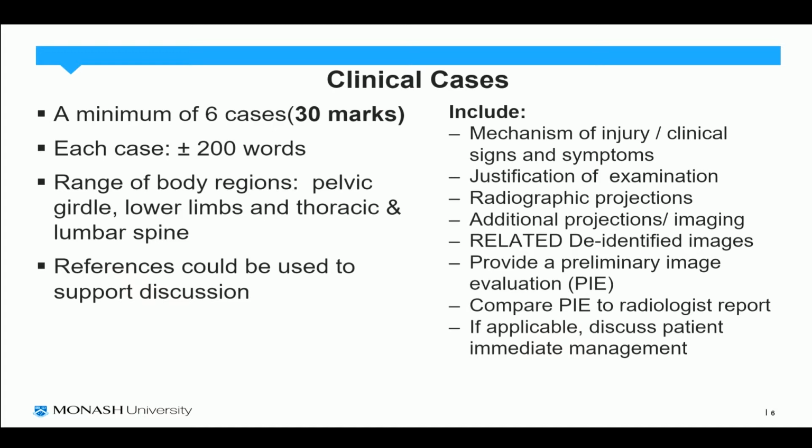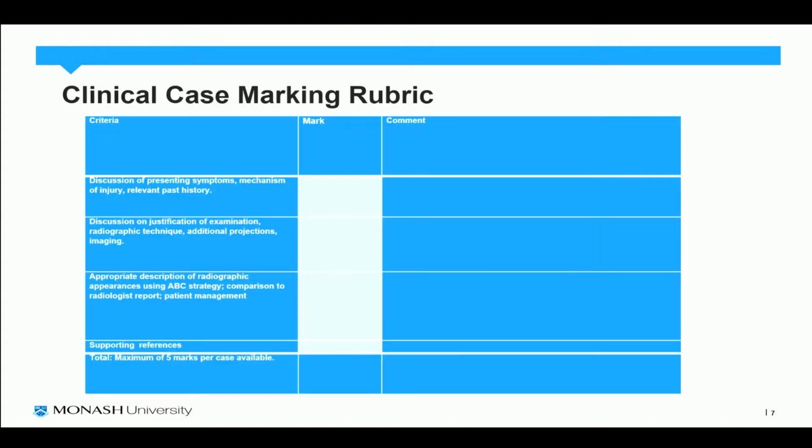And then, if applicable, you can discuss the patient immediate management. So the marking rubric for that, so you can see that there's 4 areas that needs to be included, and there will be a maximum of 5 marks per case available.